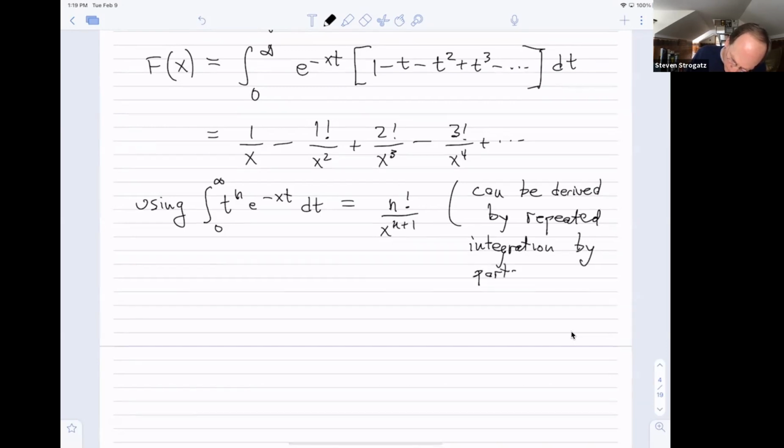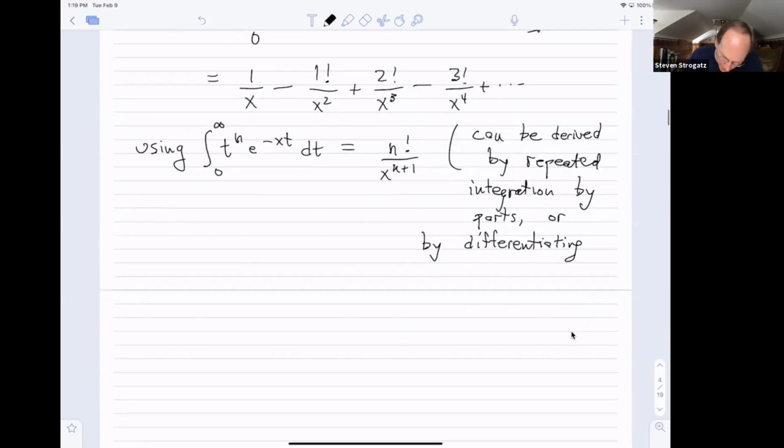What I'm saying is, you could just calculate the integral of e to the minus xt dt, an easy one, forget about the prefactor of t to the n. Then differentiate both sides of the result with respect to x. Keep doing that over and over, and you'll keep pulling down factors of t from the exponential.